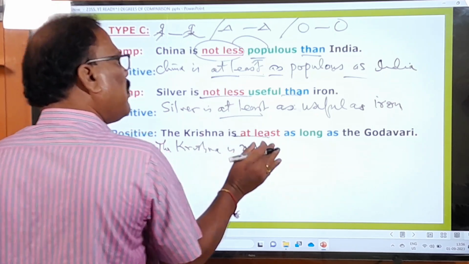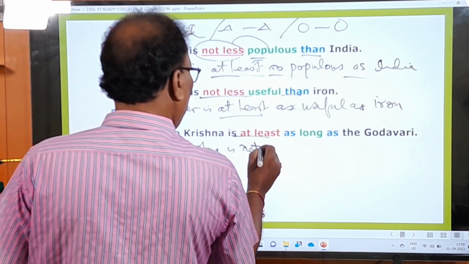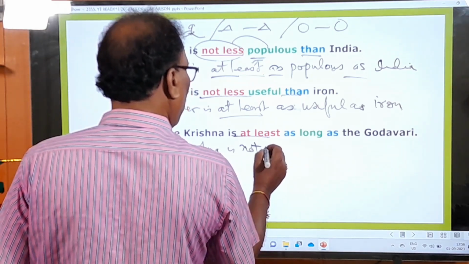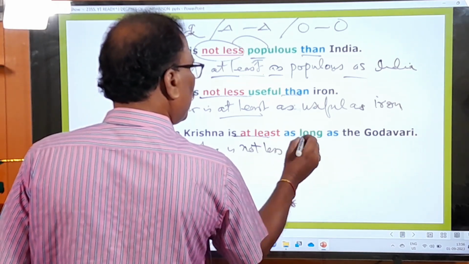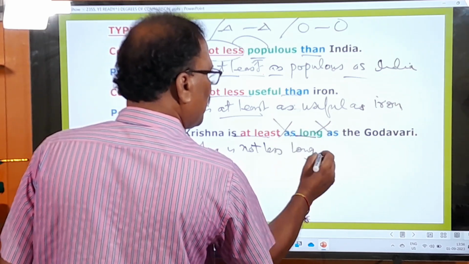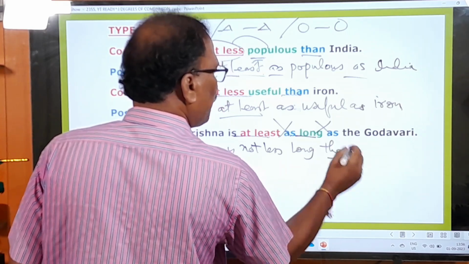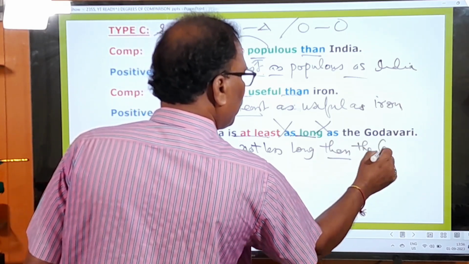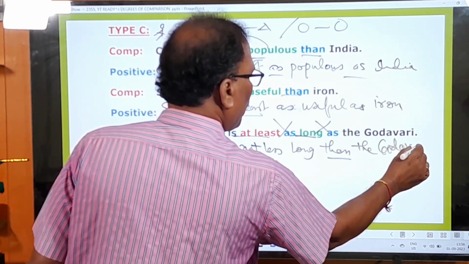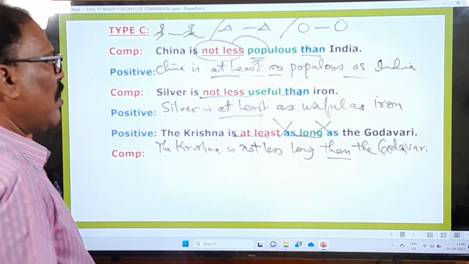Just follow the reverse method. "As" must be dropped, "as" must be "not less long". Instead of "than", what is that? The Godavari. Krishna is not less long than Godavari.